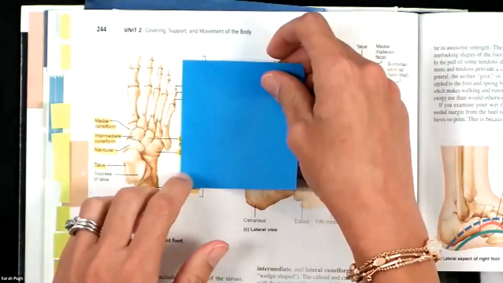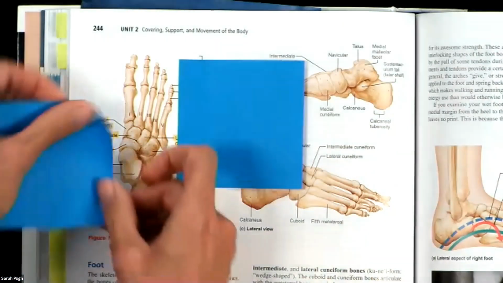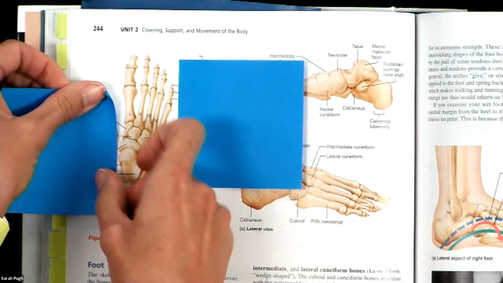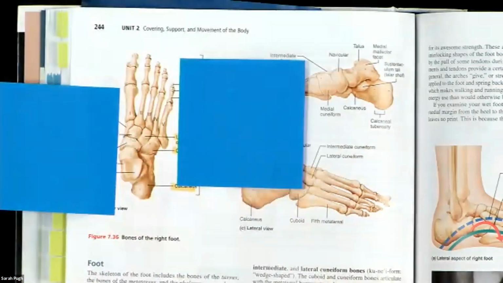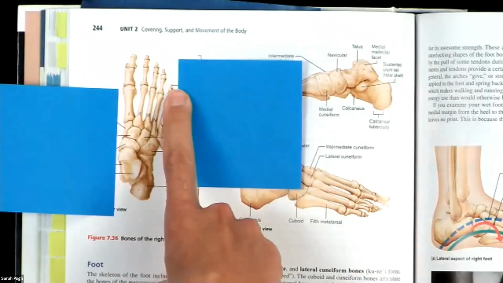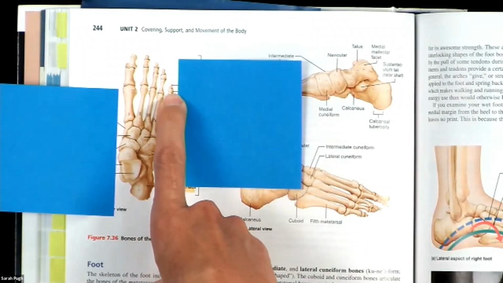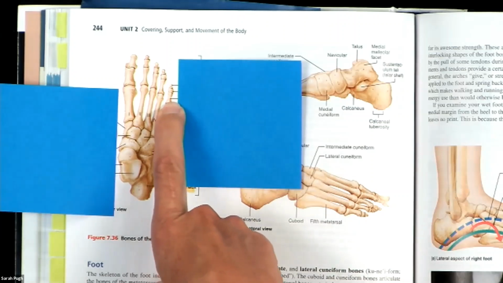So now get some Post-it notes and cover over all of the terms, right? Now they're covered over, but you can still see the leader line. So you'd say, okay, that's the distal phalange. That is the middle phalange, and that is the proximal phalange, right?